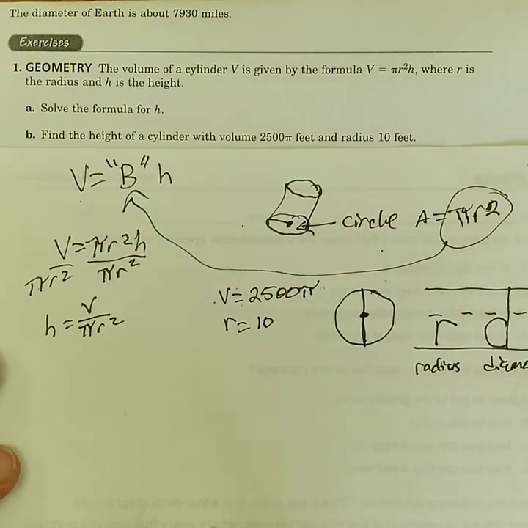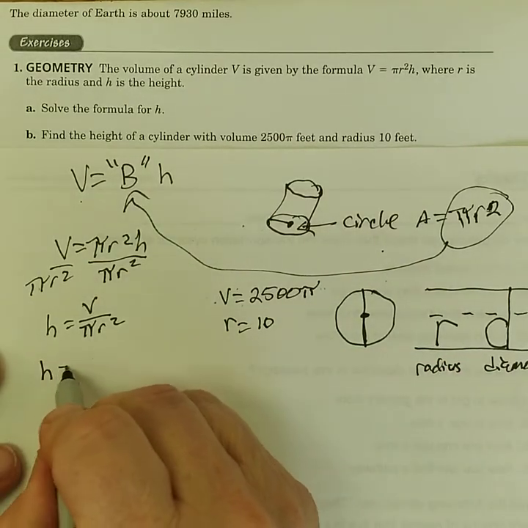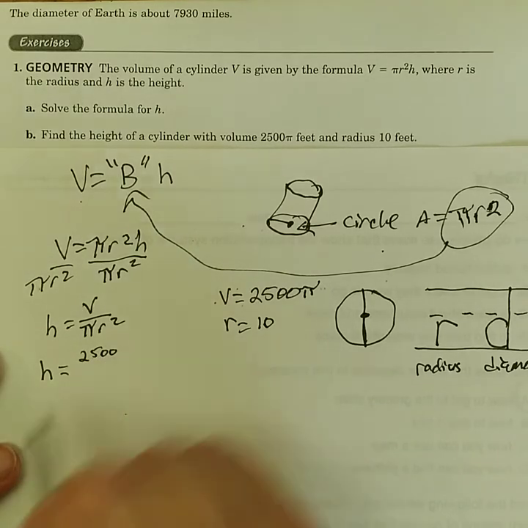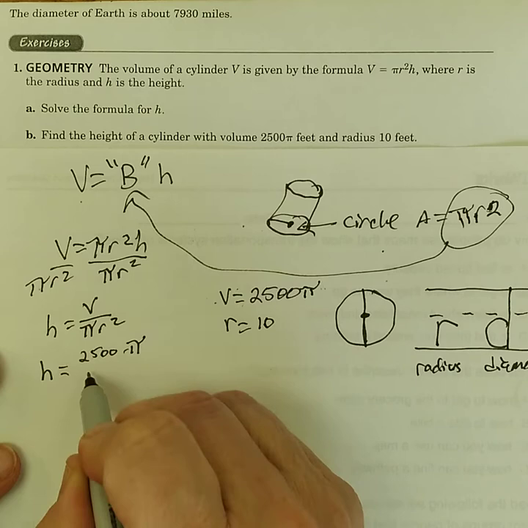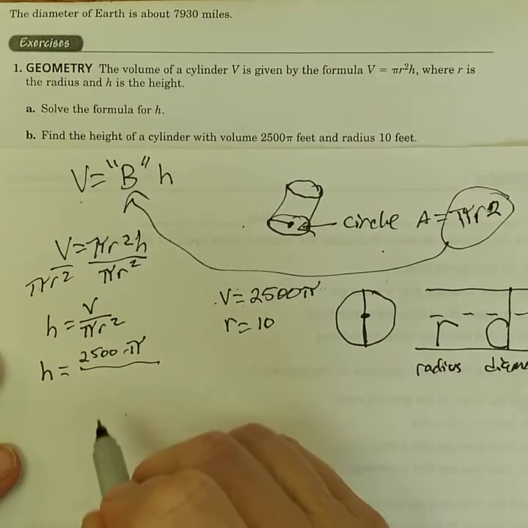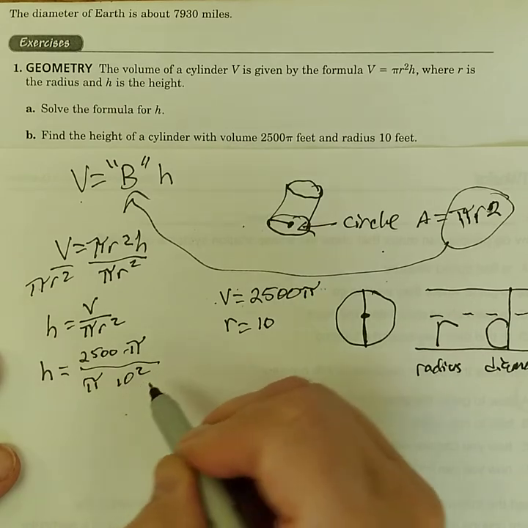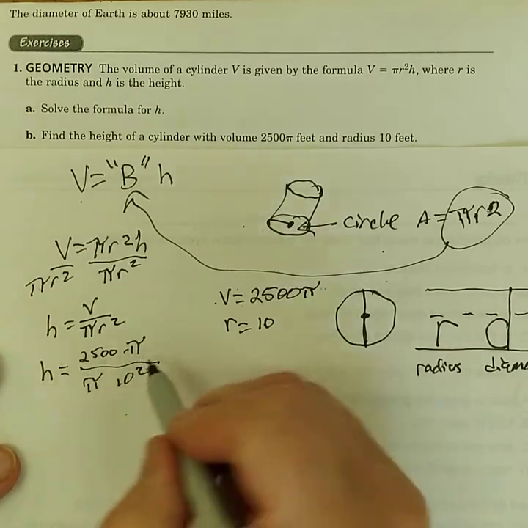So here we have the height equals 2,500 pi over pi times 10 squared. Now these are all multiplication.